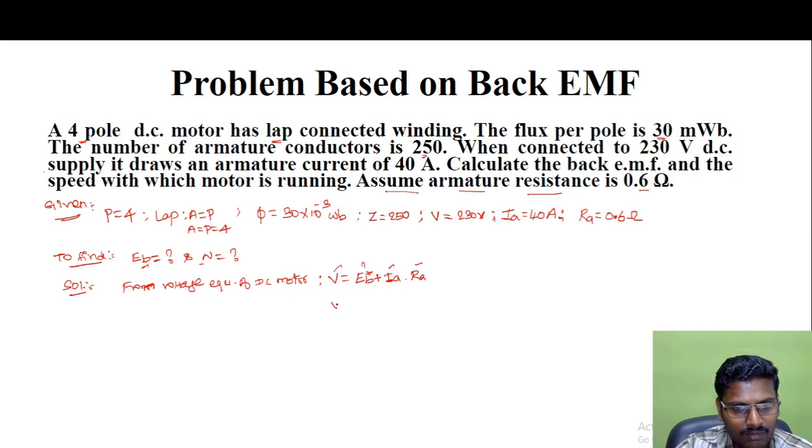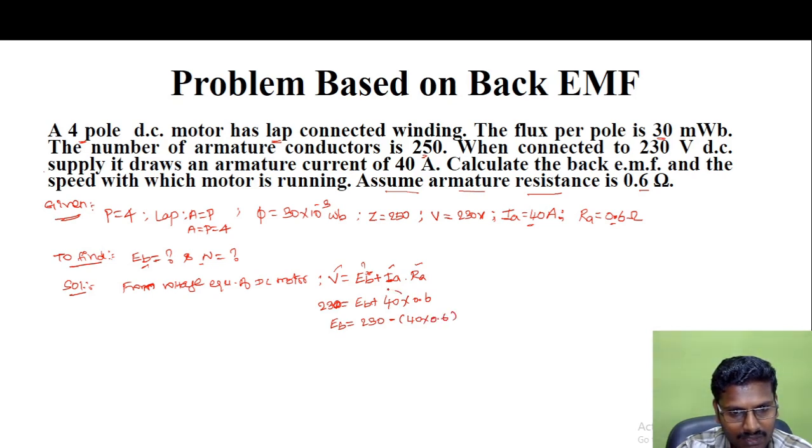So 230 is equal to Eb plus the value of Ia, which is 40, and the value of Ra, which is 0.6. 40 into 0.6. So I will get Eb is equal to 230 minus 40 into 0.6.